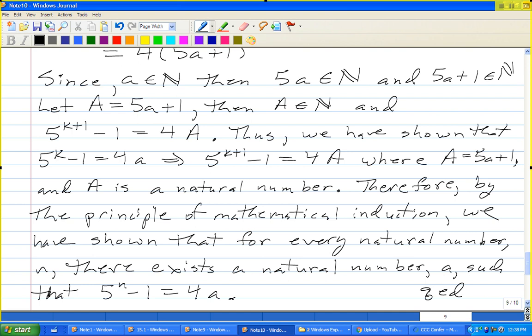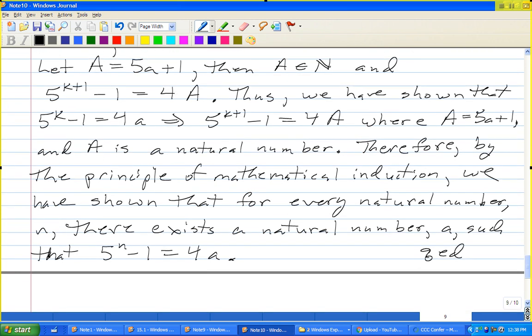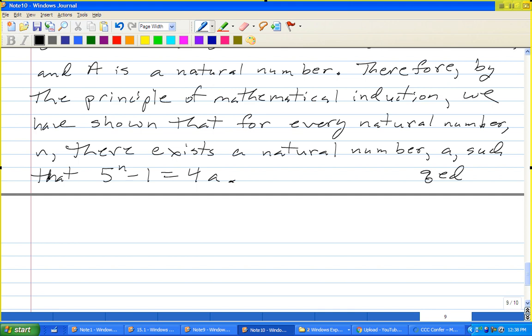Okay, so let's do another one of these. Should be identical, really. Problem number 11. I want to show that 7^n minus 1 is divisible by 6 for every natural number n.